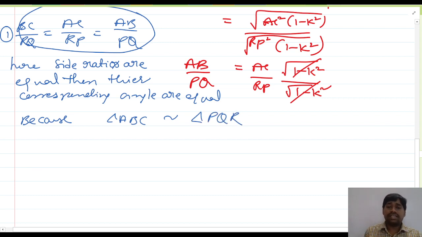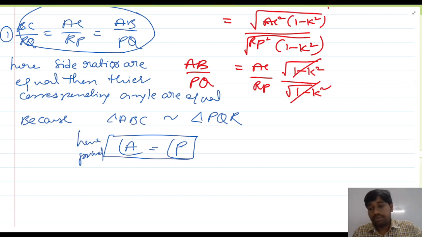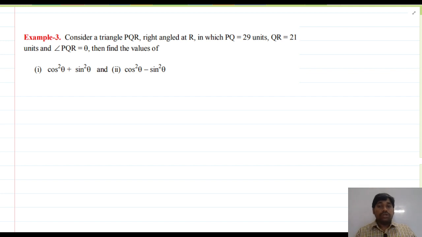Anyway, you will get this lesson in the 10th class itself. So here angle A corresponds to angle P and they are also equal, hence proved. Okay, I hope it is clear to you.